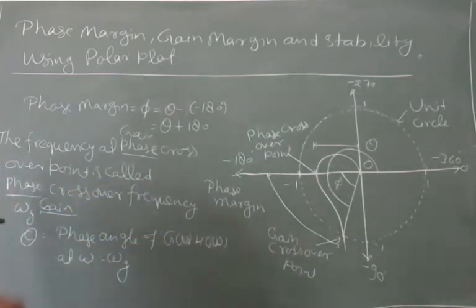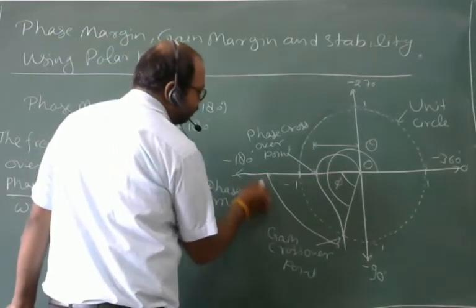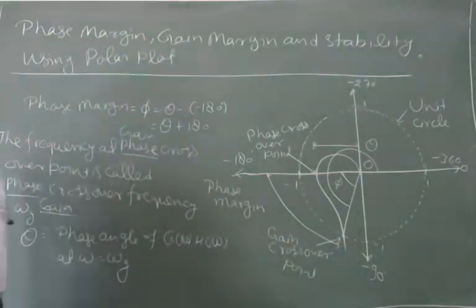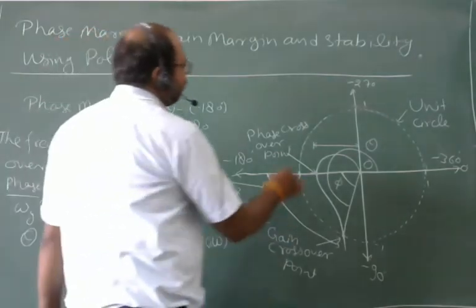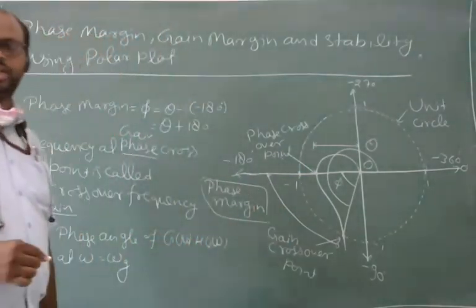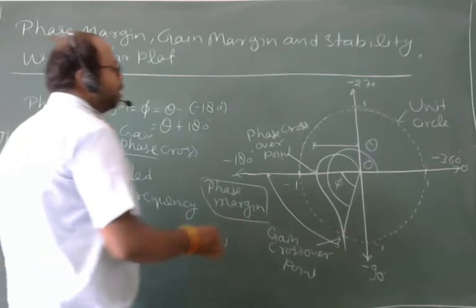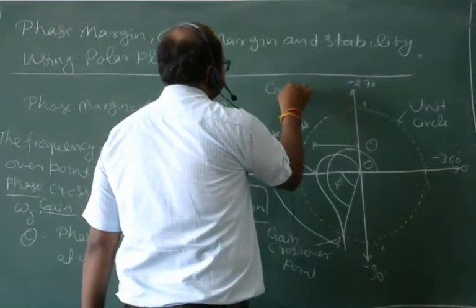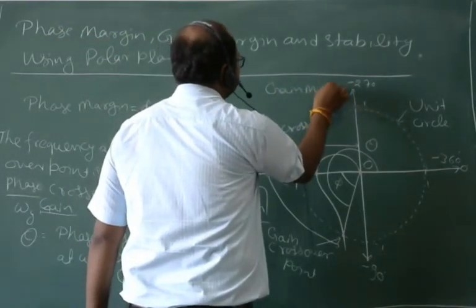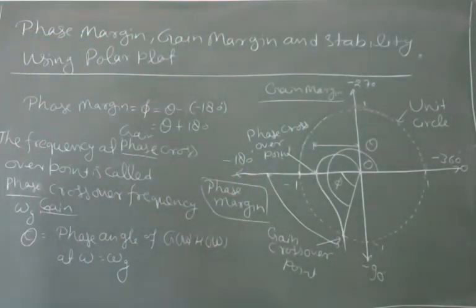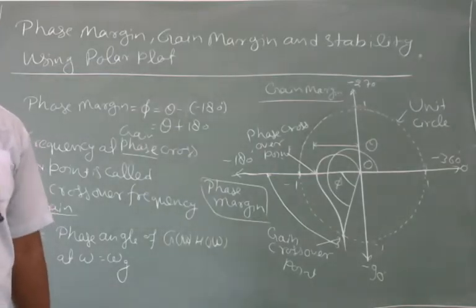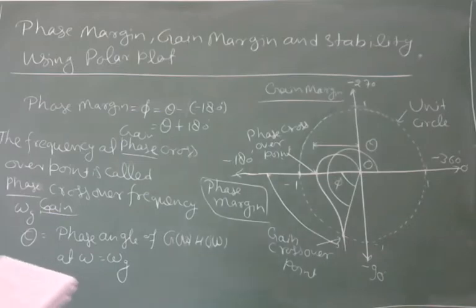At gain crossover frequency, we obtain phase margin, and at phase crossover frequency, we will have the gain margin, right?